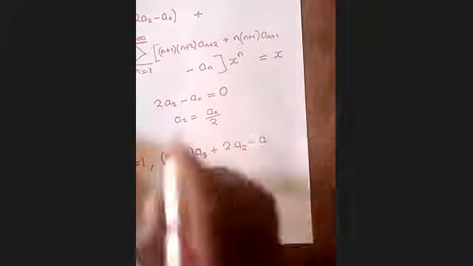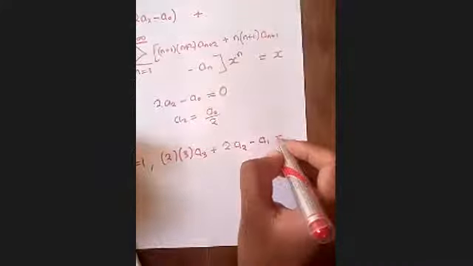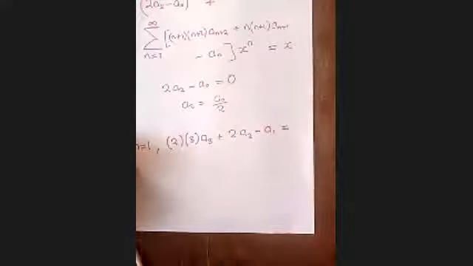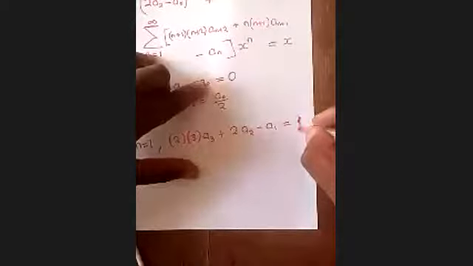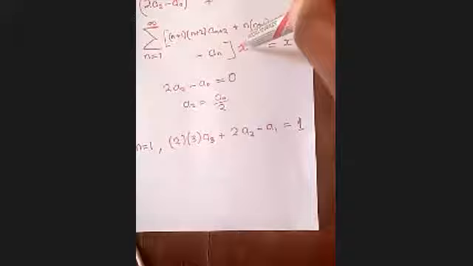Who can give it a try? Equal to 1. Yes, because the coefficient here of x is 1. So we're equating the coefficients. When n is equal to 1, this will be x and this will be its coefficient.